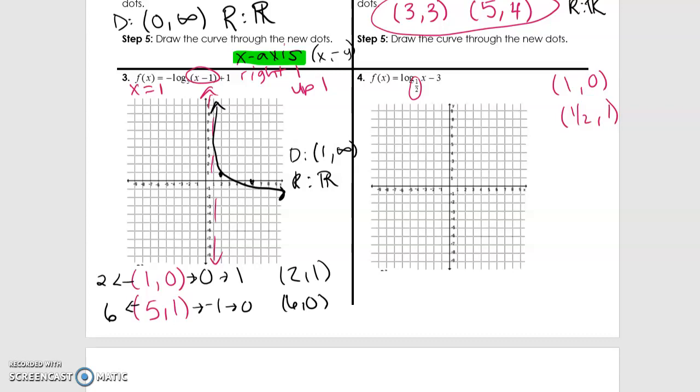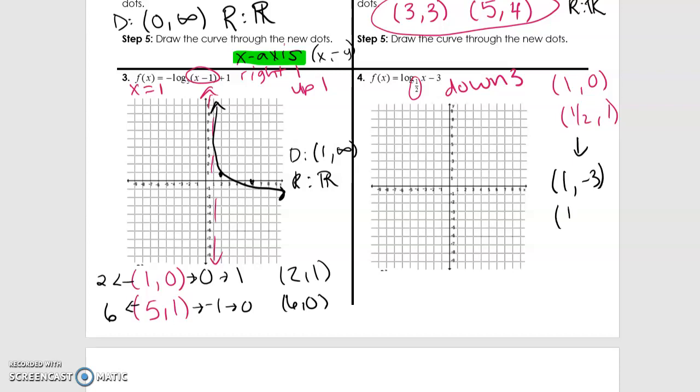Now we're going to have to try to figure out what transformations have happened. So transformations, it looks like the only transformation that I have is that the function went down 3. So that means I'm just going to subtract 3 from my y values, which means my point is going to be at (1, -3).